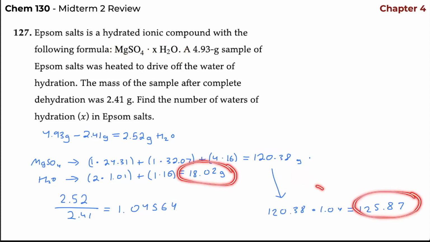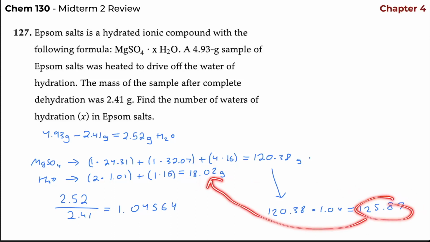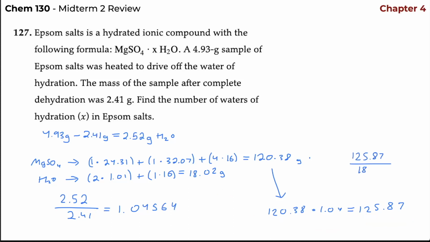So if this one is how much we should have, and this one is each one, how do we find out what we multiply this by, right? Simple. We just take 125.87 and divide by 18.02 grams of water, right? Because this is water, the top is water, the bottom is water.